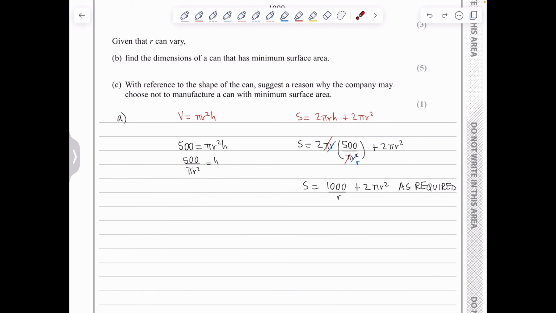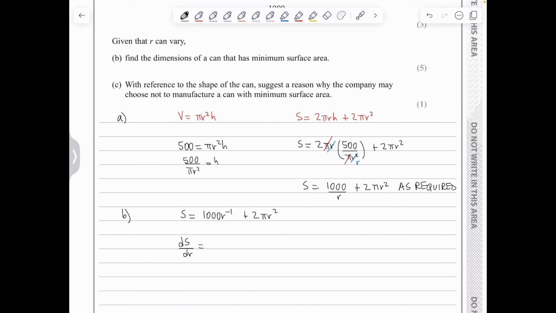We are then told to find the dimensions of the can that give us the minimum surface area, so we will need differentiation here. I will start by writing S in index form, so it's 1000 r to the minus 1 plus 2 pi r squared. So dS/dr, the derivative, we get the power down and we deduct 1 from the power.